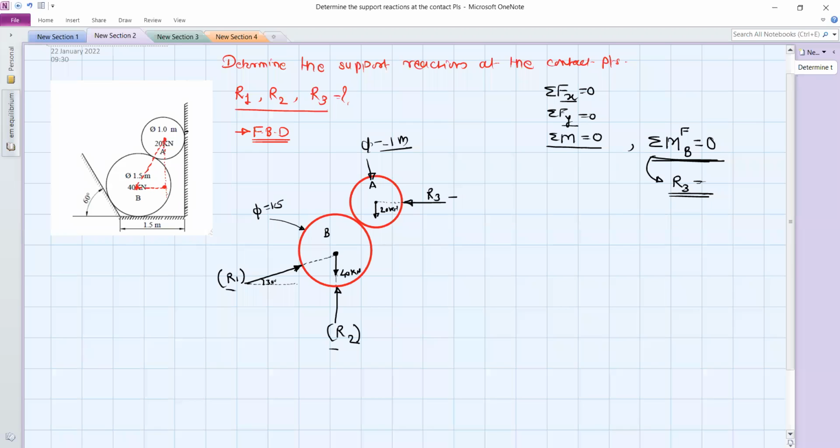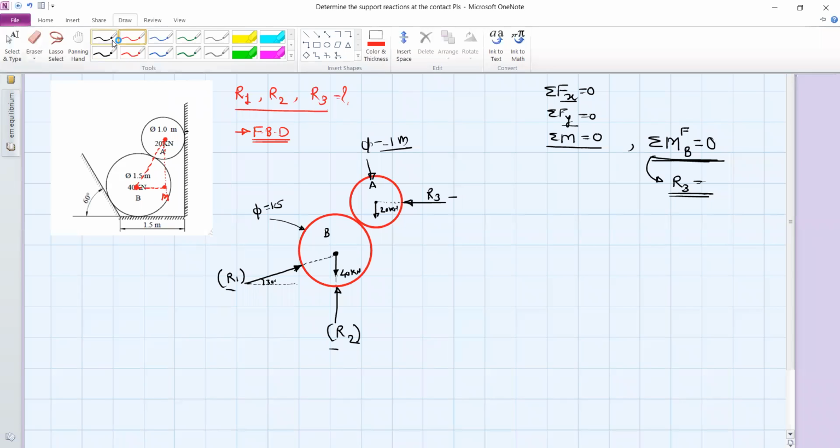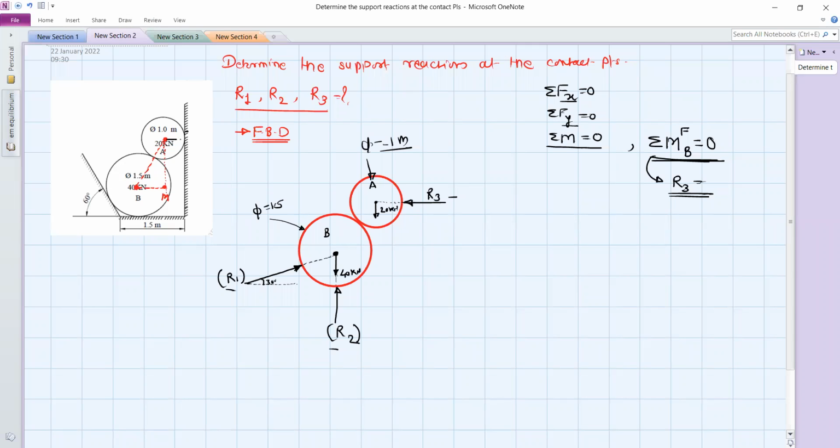Just assume this point as M. This is point A, this is point B. Your force, reaction R3, is acting at this point. For the reaction R3, from the point B, what is the perpendicular distance? Distance AM is the perpendicular distance for the reaction R3.